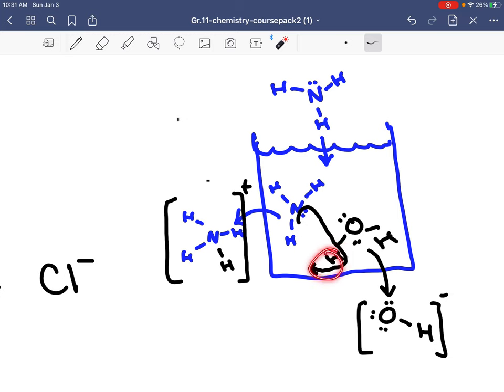This H right here didn't even want to take those 2 electrons. This H says, you know what, water? I'm leaving. I'm getting my bags out of here. Actually, I'm not even going to take my bags. You can keep my bags. I'm going to take myself out of here. I'm going to hook up with ammonia and become ammonium.